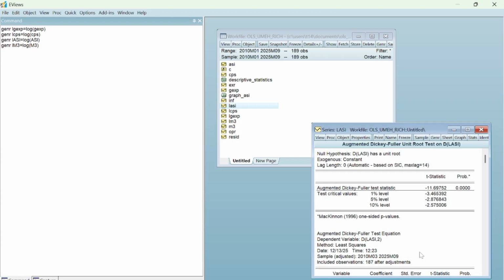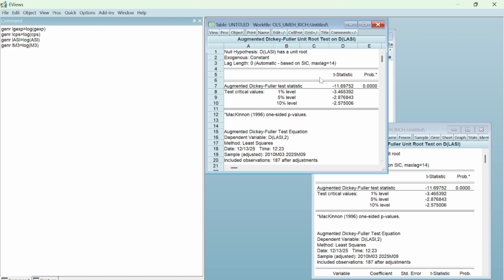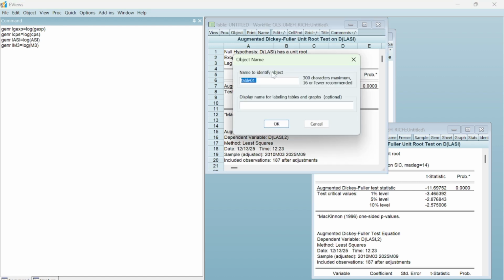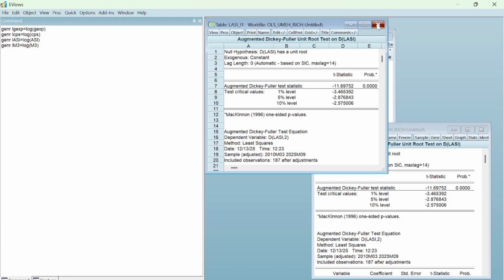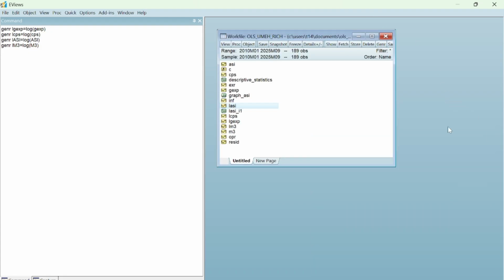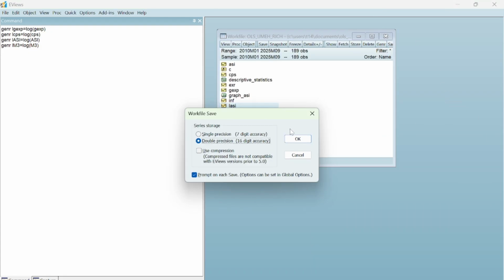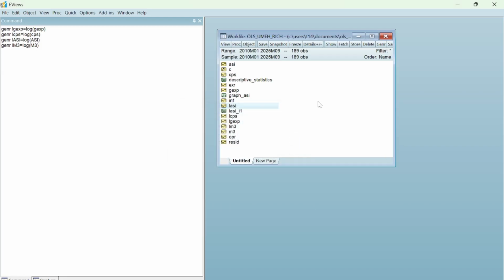Let's see, it's significant at first difference. So you can freeze and you name it and you say log of ASI was significant at I1. You can just name it like that. Then you save it.